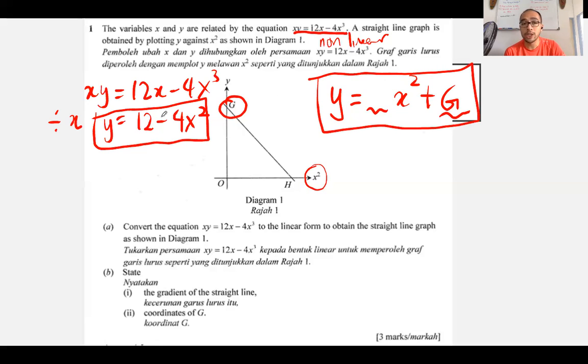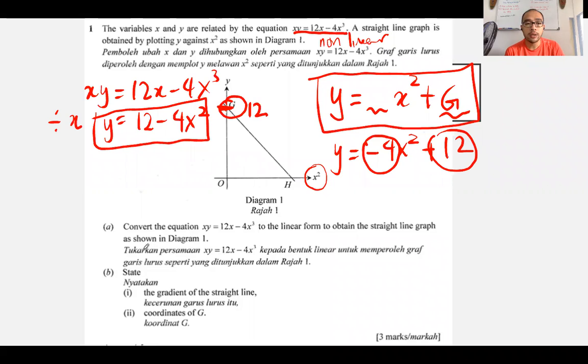Obviously this needs to be changed a little bit: y equals negative 4x squared plus 12. From this comparison, can you tell me the gradient? Negative 4. My y-intercept will be 12.